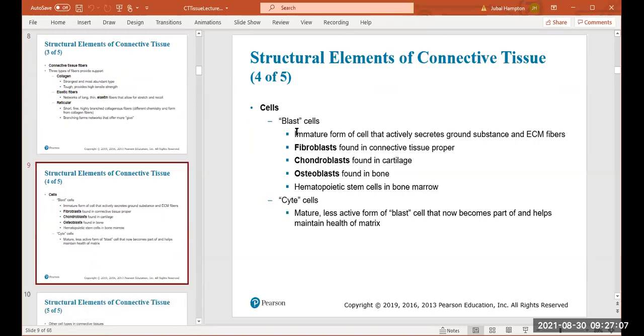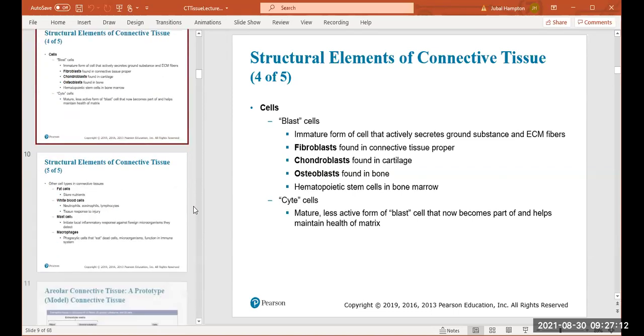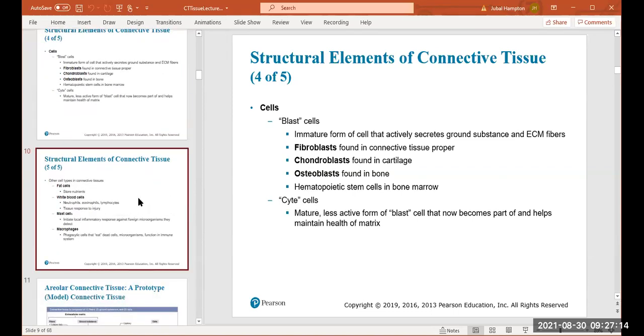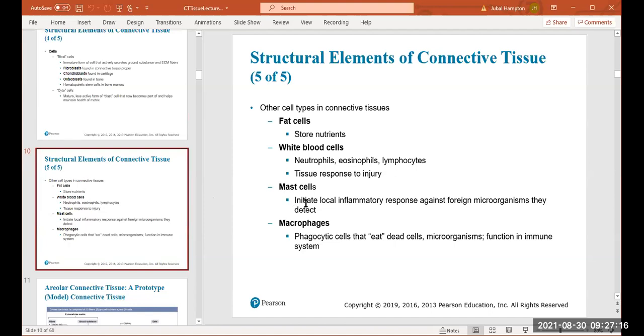All right, let's just discuss the blast cells and cyte cells for you. Now, moving on down, macrophages are phagocytic cells that eat dead cells, and we see these in the blood, and they're also within areolar connective tissue, where they help to keep it sweet and clean.